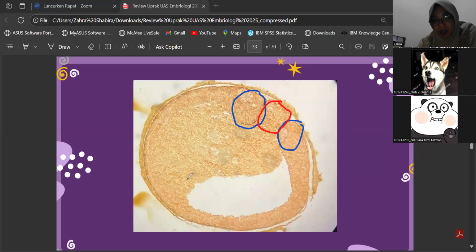So we can say there is no more cavity named blastocoel. This cavity has changed, and it's called gastrocoel, or we can also name it archenteron. Yes, right. Gastrocoel, archenteron.